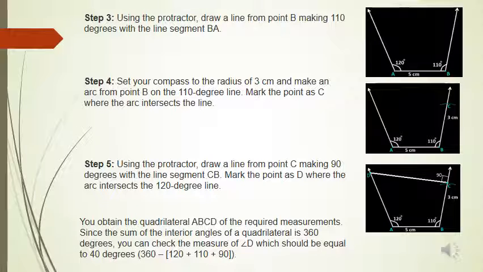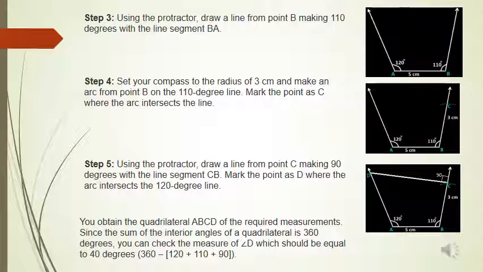Now set your compass with a 3 cm radius from point B on the 110 degree line and mark point C, and from that point C you have to construct a 90 degree angle on line segment BC, where you mention another point D, where the 90 degree angle line intersects your 120 degree angle line.